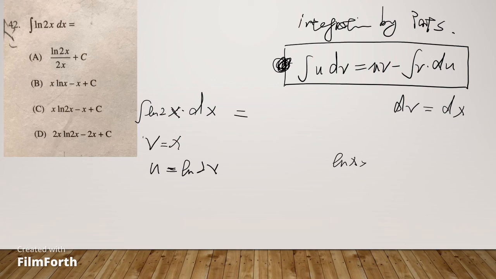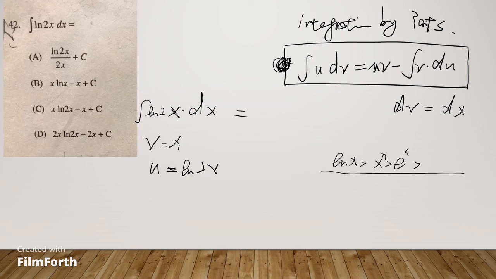If there is an x to the n, a power of x, normally we set x to the n as u, unless the other part is ln of x.